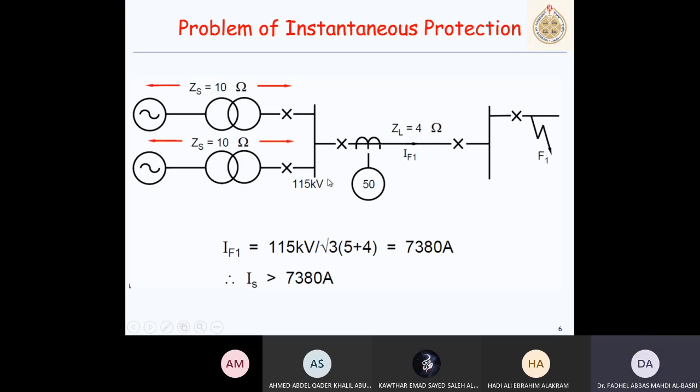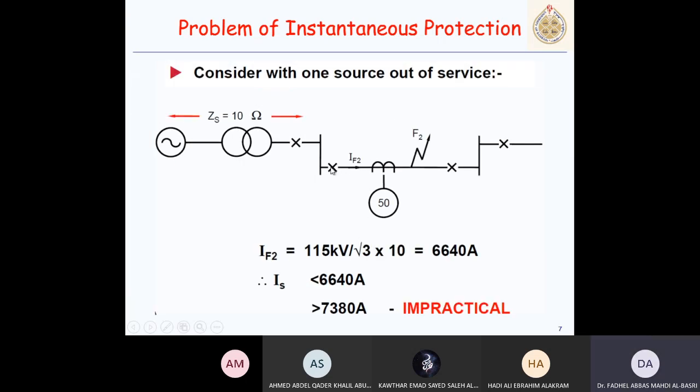So for our pickup, if this is an instantaneous element, the criterion is that this pickup setting has to be greater than the remote fault current, greater than this value. Normally I take, say, 1.25 times greater than this.